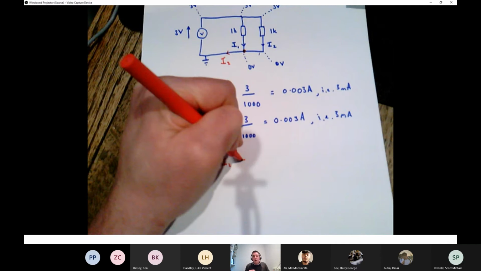So in this circuit, going back, in all of our previous series circuits where components were in series, we had the same current all the way around. When we have components in parallel, there are branches.